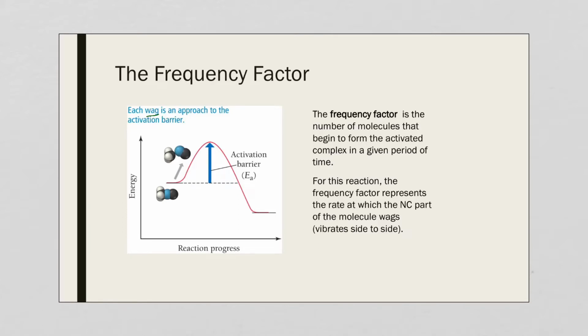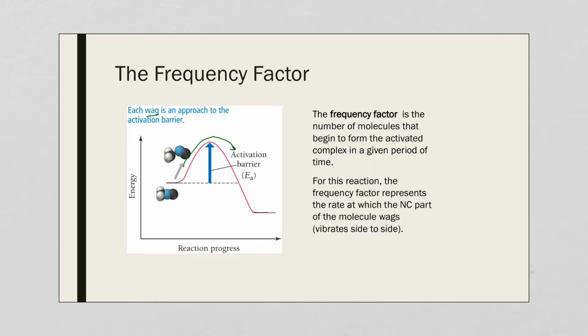The idea is we're going to start this rotation a bunch of times, but it's not always going to complete itself. There has to be enough energy available to complete the wag, get up here, and fall over.